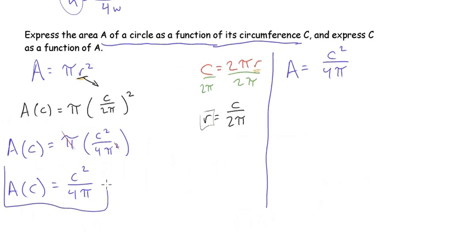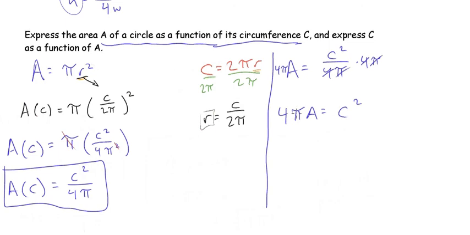The second part is to define it as C of A. So how can we get that? Well, first multiply both sides by 4 pi. And we have 4 times pi times area is equal to C squared.